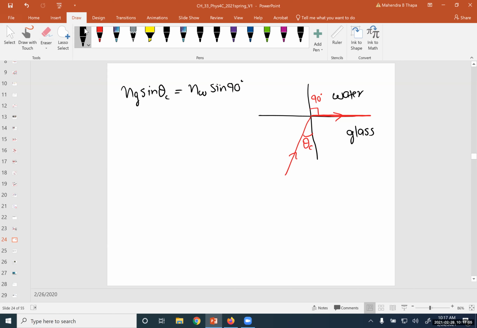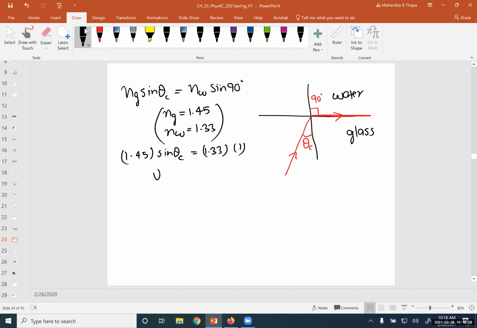Okay, so in general we can take these values as given. In general, the value of refractive index of glass differs from book to book. It will be 1.45. Generally, refractive index of water will be taken as 1.33. If we plug these numbers in, then we'll find 1.45 times sine theta c equals the refractive index of water, 1.33, times sine 90, which is 1.